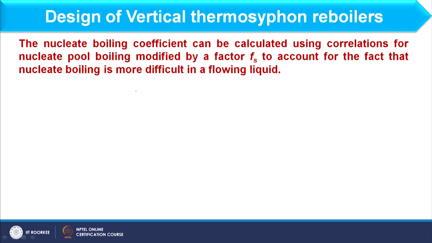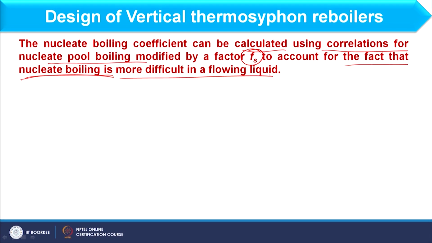So, first of all we will focus on the nucleate boiling coefficient. That can be calculated considering the correlations for nucleate pool boiling which we have just seen in the last slide, and that should be modified by a factor Fs. This Fs basically accounts for the fact that nucleate boiling is more difficult in flowing liquid.